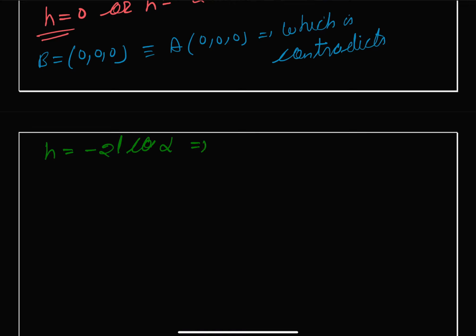So from here we can say that our B is going to have 0, 0, minus 2L cos of alpha.